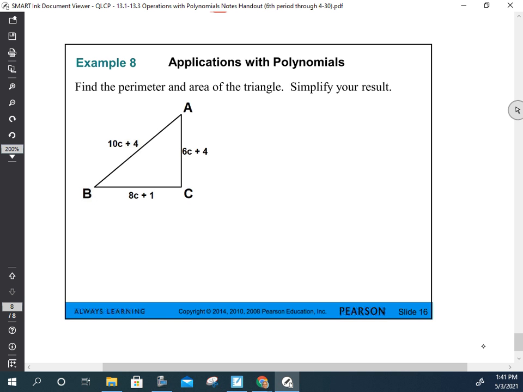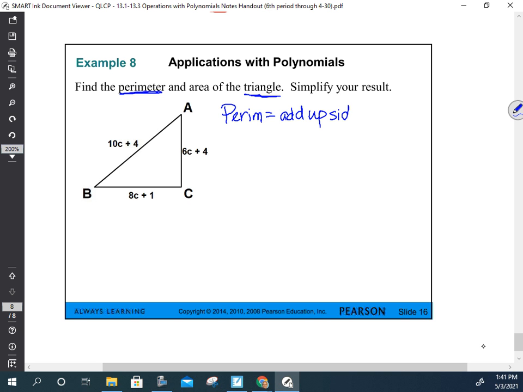All right, so the last one is with a triangle. So I'll basically make sure to set these up, and then I'll solve them out before I upload them to Google Classroom. You have a triangle. Perimeter is simply adding up the sides. Equals add up sides.